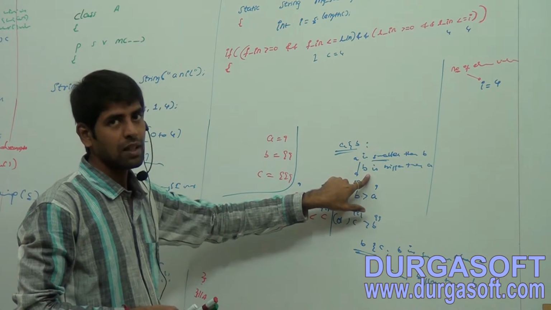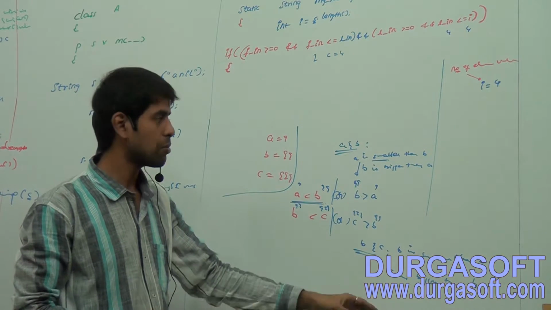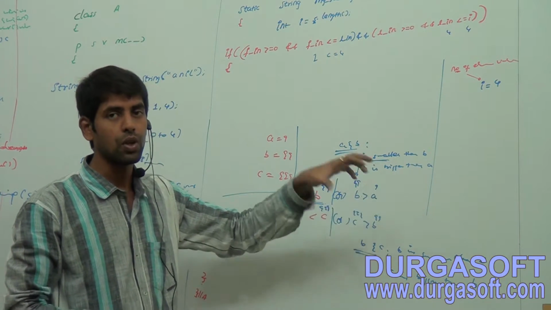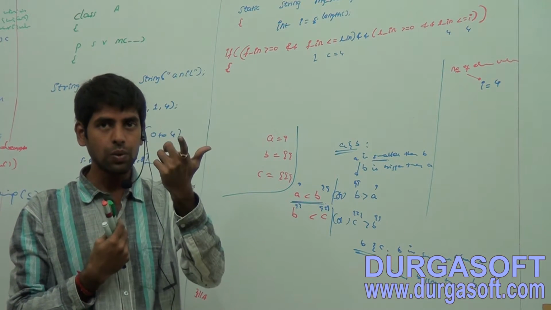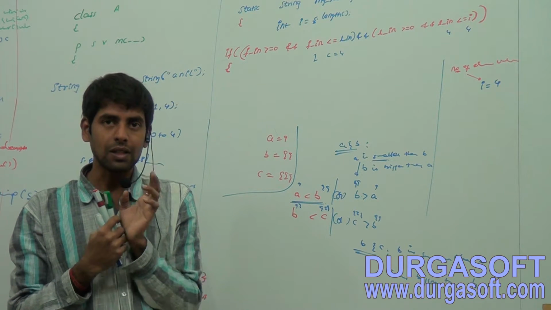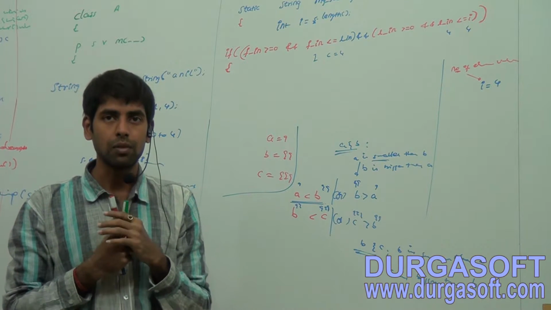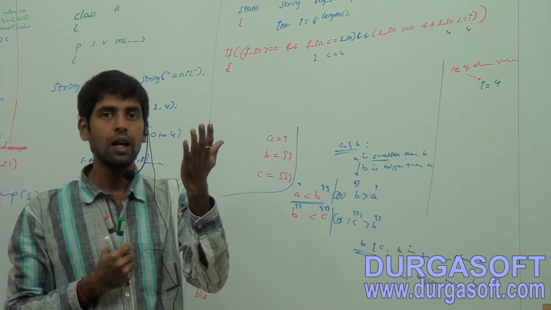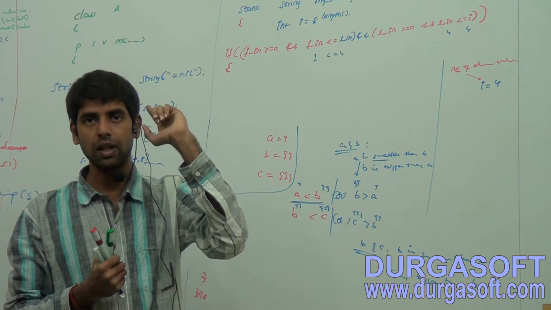I'm checking that A should be less than B, and B should be less than or equal to C. Getting? B is acting as the bridge. You are acting as a bridge to me. If I am less than you, then definitely I am less than your higher management. I am the subordinate to you, and you have one higher management.